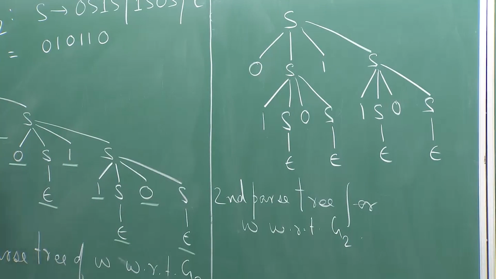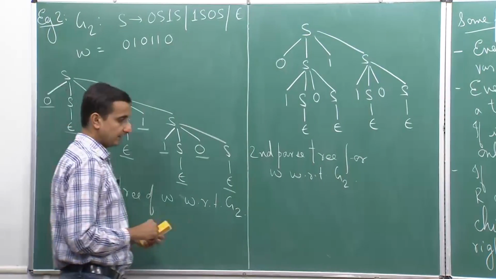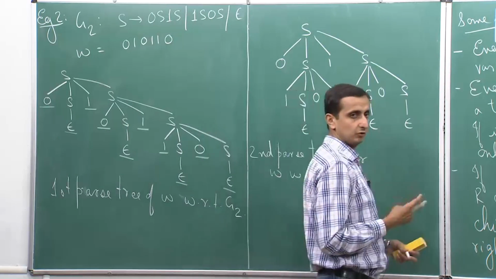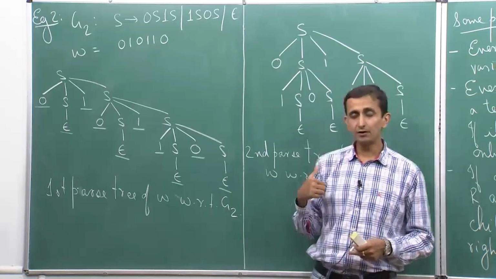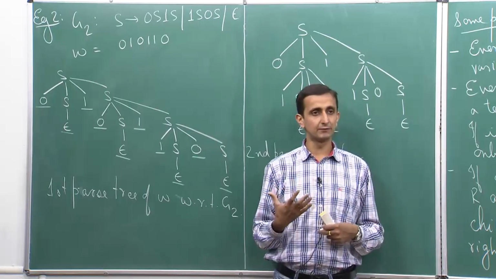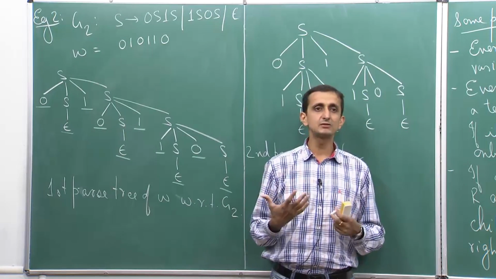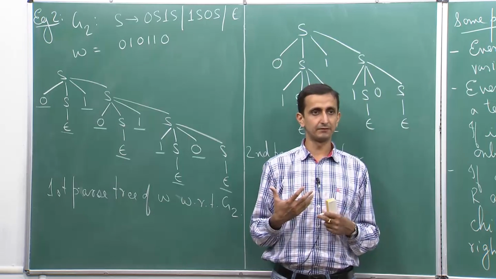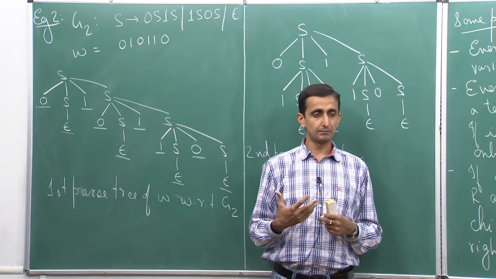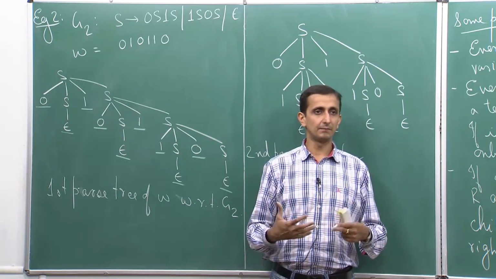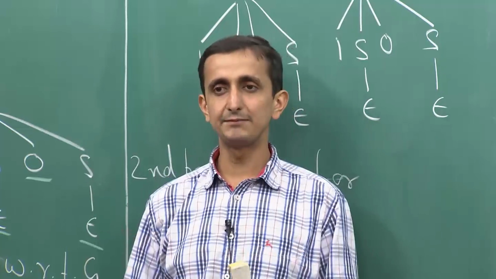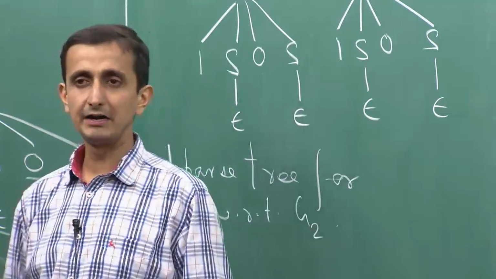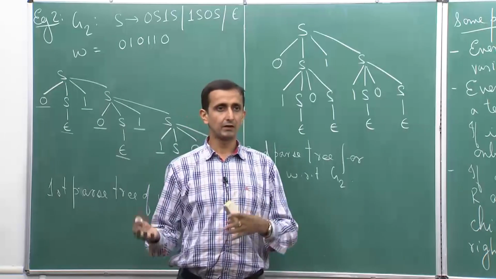Okay. So, the moral of the story here is 2 points. There are 2 important takeaways. One is that whenever we talk about the parse tree of a string, it is always with respect to a fixed grammar. Parse tree of a string independent of a grammar does not make any sense, because the same string can be accepted in different manner in different grammar.